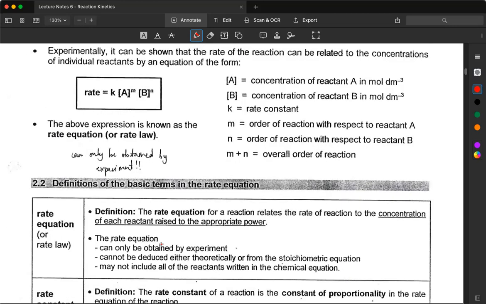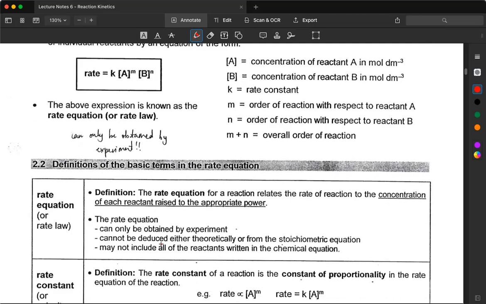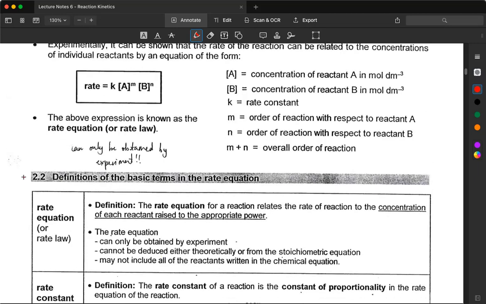So defining the basic terms, it's important to know how to define this. Because there will be questions that ask what is rate equation, what is rate constant. So this question will be asked at the national exam.